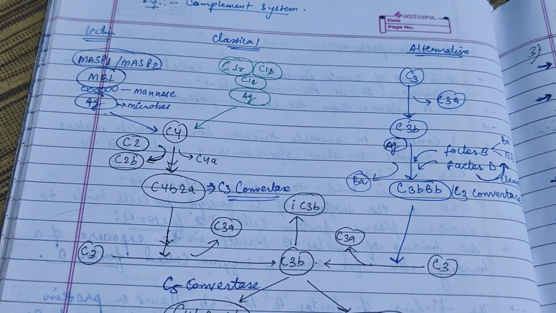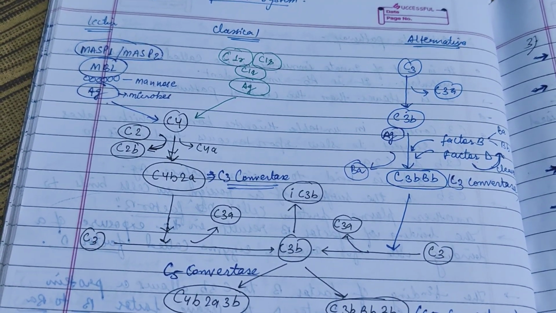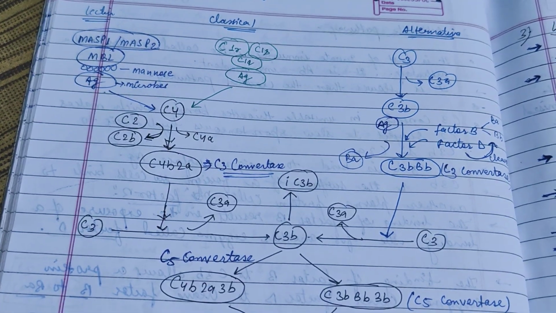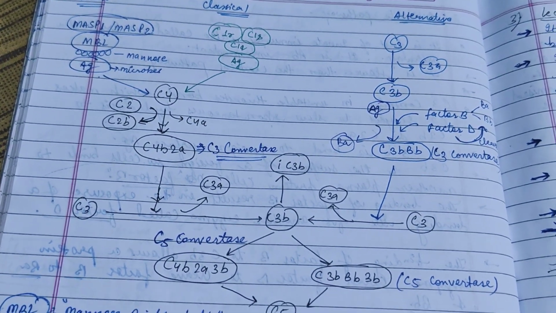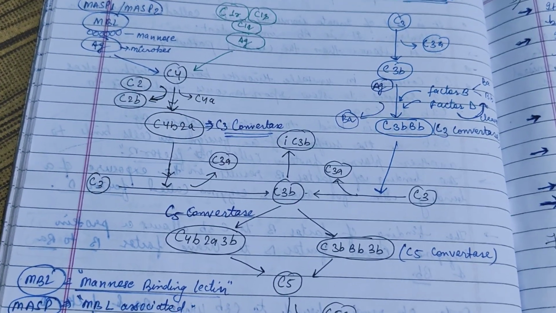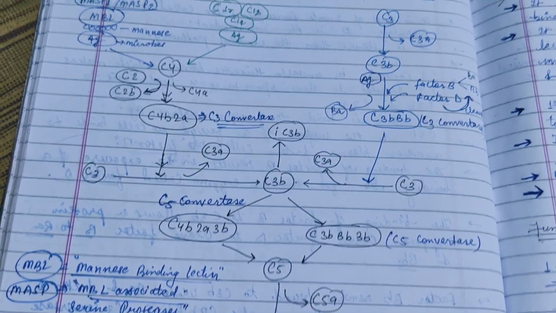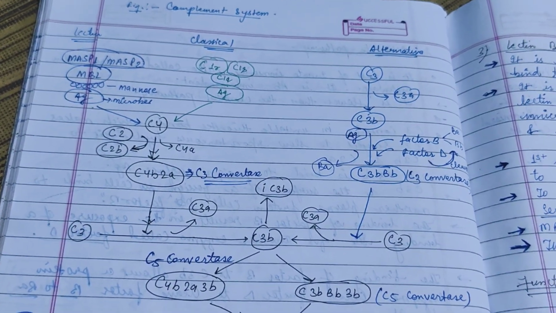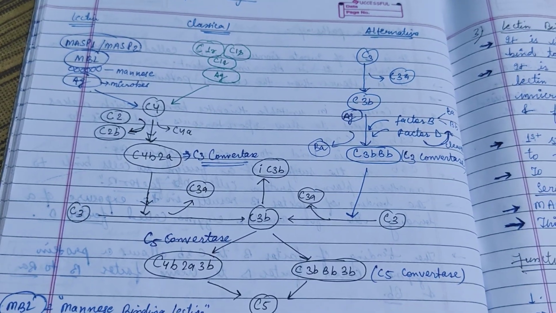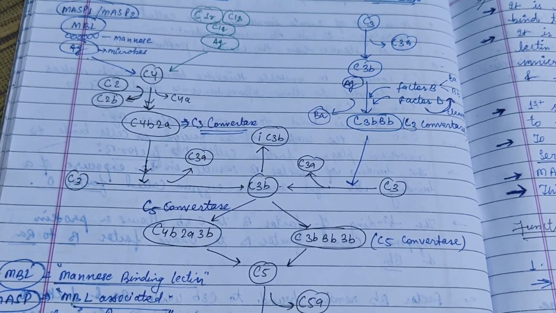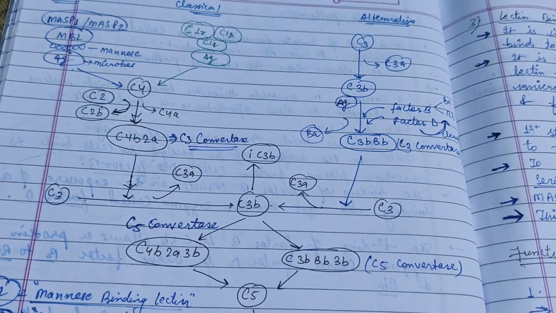In lectin, MASP1 and MASP2 combine with the MBL, which is attached to mannose. When it binds with the antigen or microbes, it forms the C4 complex. And in the classical pathway, C1r, C1s and C1q bind with the antigen to form a C4 complex.